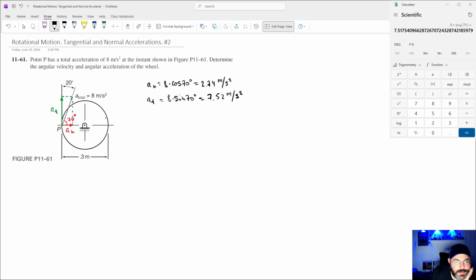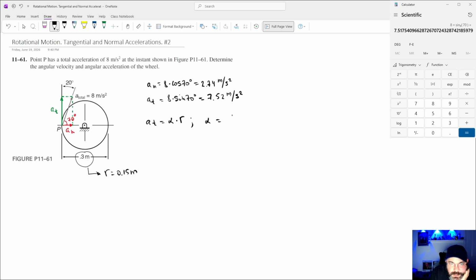Okay, so we can calculate our angular acceleration. We know that tangential acceleration is equal to alpha multiplied by the radius. Radius in this case is equal to diameter divided by 2, so radius is 0.15 meters. Then we can calculate our alpha.